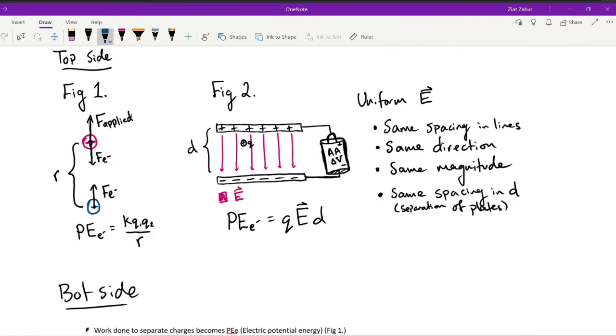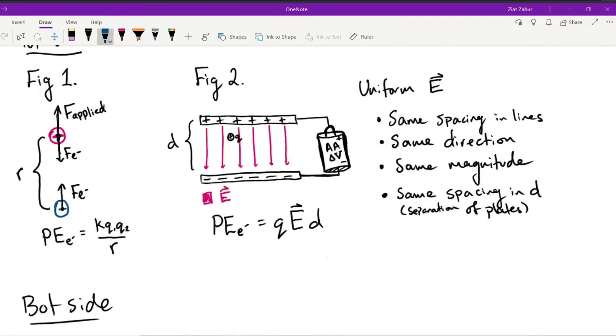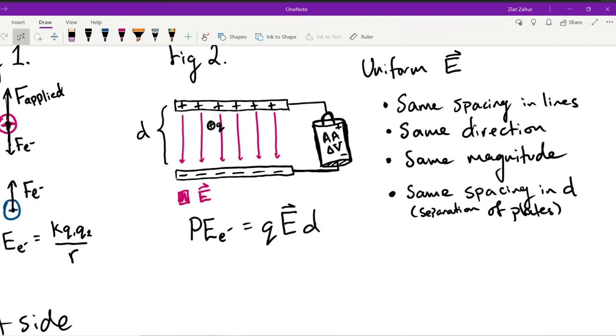In figure 2, we have two plates. The plates are positive and negative. By connecting them to a battery, we can get them to be charged up. And by doing this, with a separation distance of d, there's a uniform electric field inside the two plates. And if I put another charge in there, that charge will have a certain amount of potential energy equal to little q times the electric field that exists between the plates and the distance between the two plates.